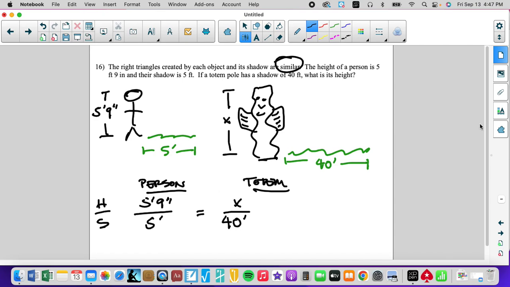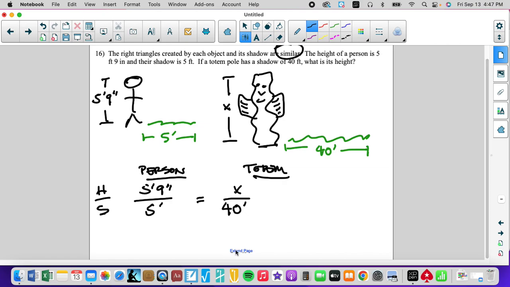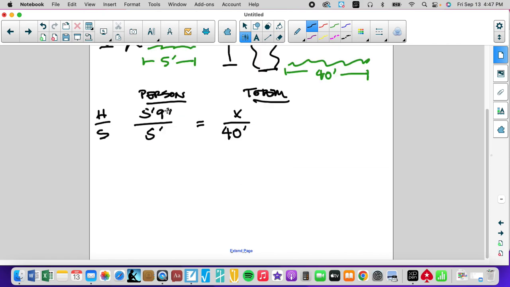Now, we are in feet and inches, so we can either convert to inches. 5 feet is equivalent to 60 inches, and then plus the 9 inches, because there are 12 inches in each foot, and 5 times 12 is 60, so that's going to be equal to 69 inches.